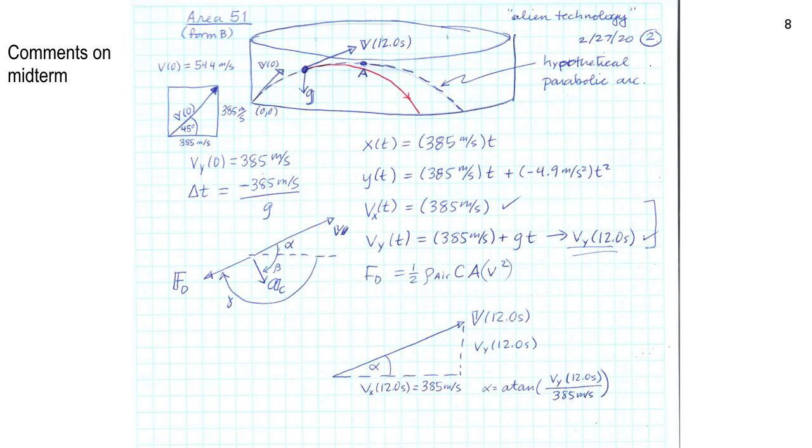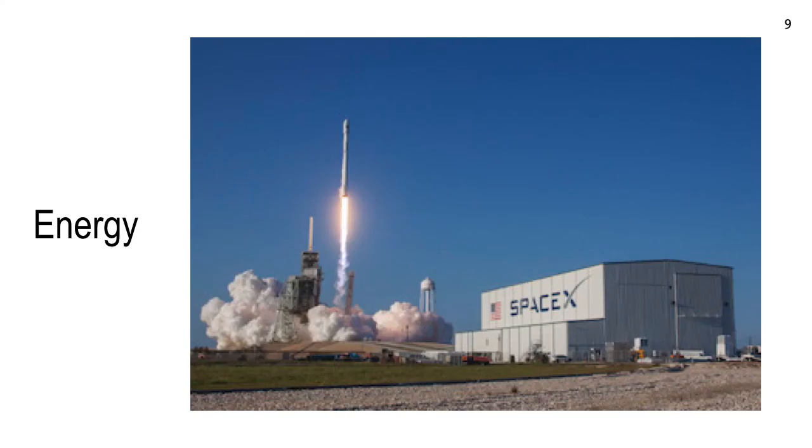Now, we're going to push forward. And our main objective now is the study of energy and momentum. Chapter 6 is in the rearview mirror now. We're going to push forward into chapters 7 and 8, which are a systematic treatment of energy.